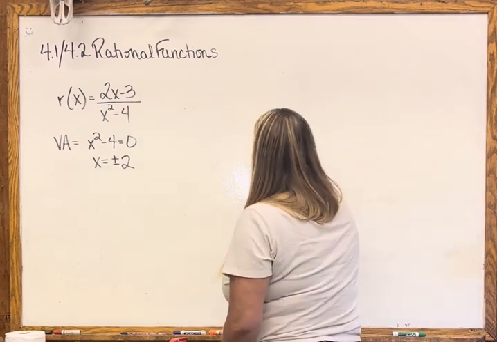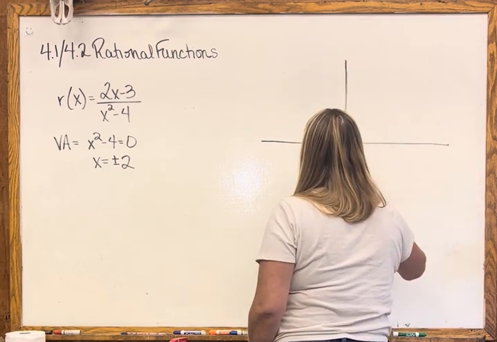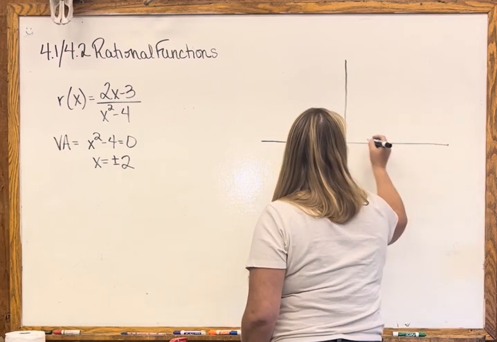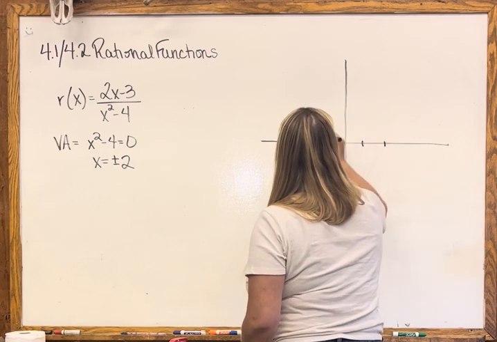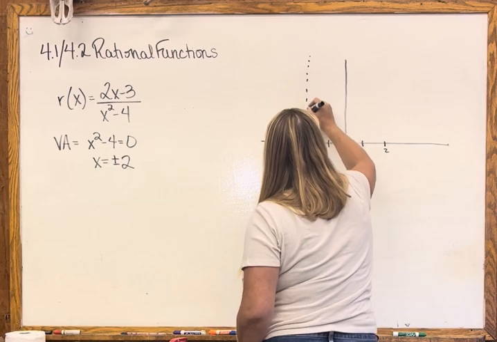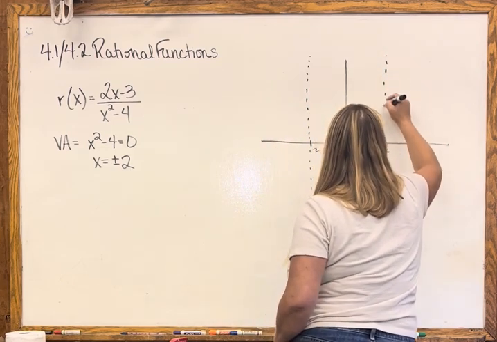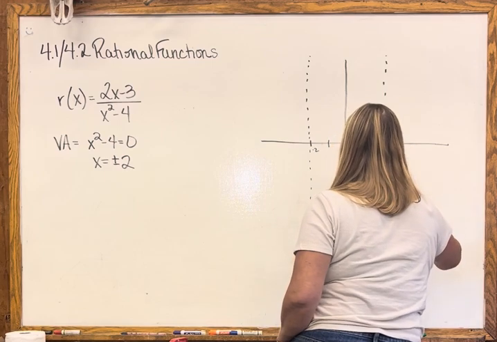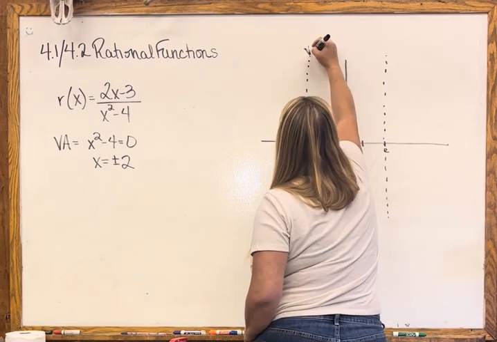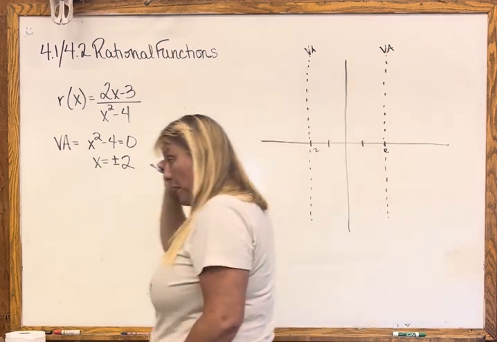So if we draw our graph to start with, we've got plus or minus 2, so there's minus 2, there's plus 2, and I'm going to draw that dashed line. And remember, we're just doing the best we can. It does not need to be perfect. So there is a VA and there is a VA. Okay.